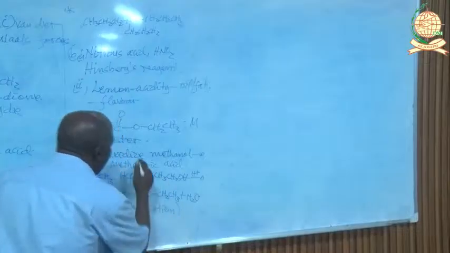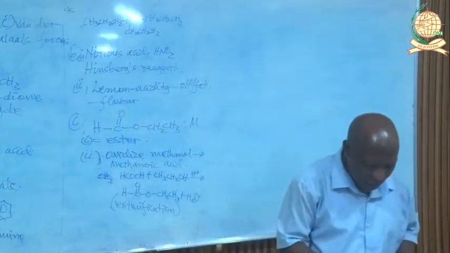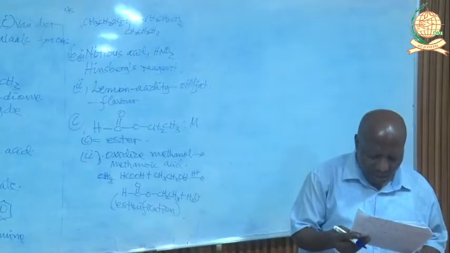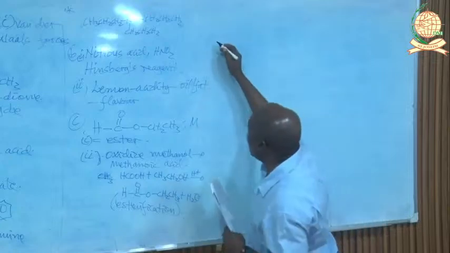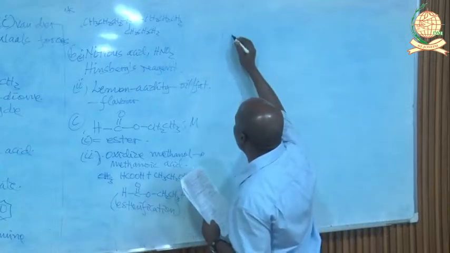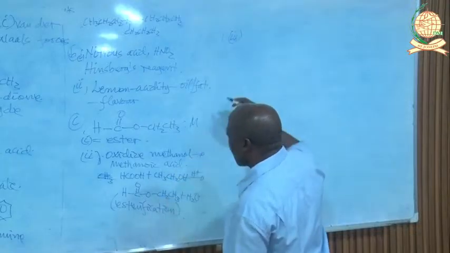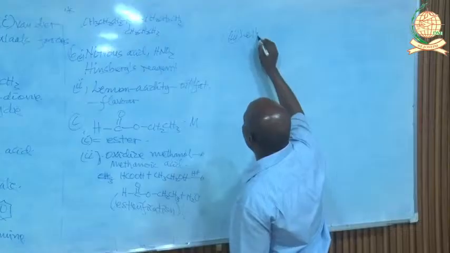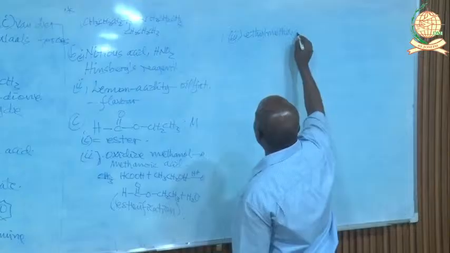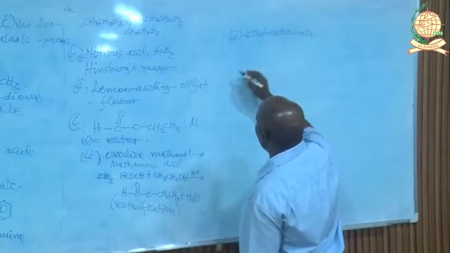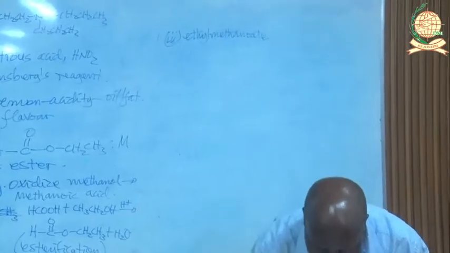That is why we said this compound is under the class of organic compounds called esters. Then Roman 3 is name the compound. The compound is ethyl methanoate. And the last part, that is D.